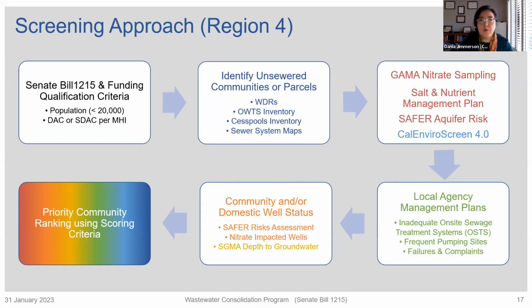This is the Region 4 approach, the Los Angeles region, and it has very similar criteria to Region 5. These are all the considerations that they take in terms of Senate Bill 1215, the funding criteria. How do they look for unserved communities? What databases or programs are they using to find that kind of information?